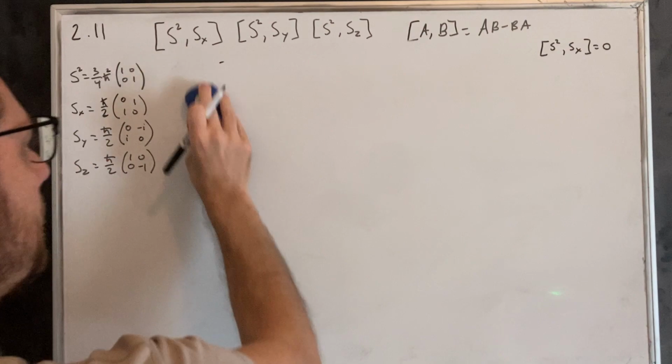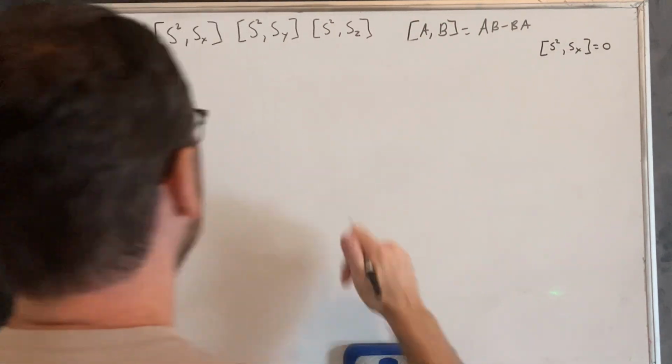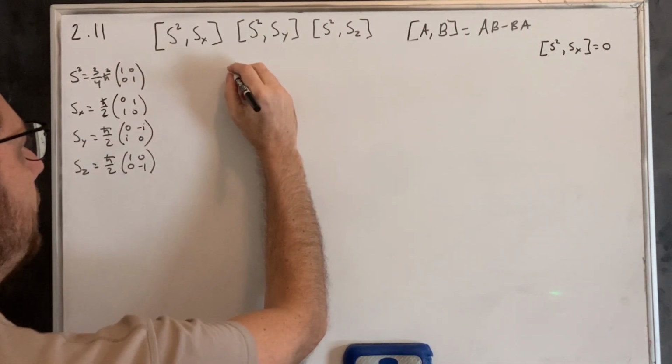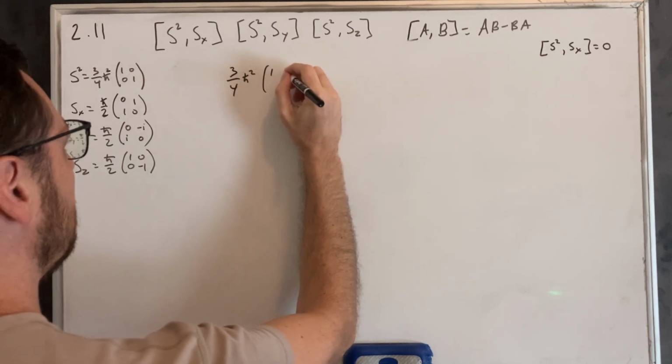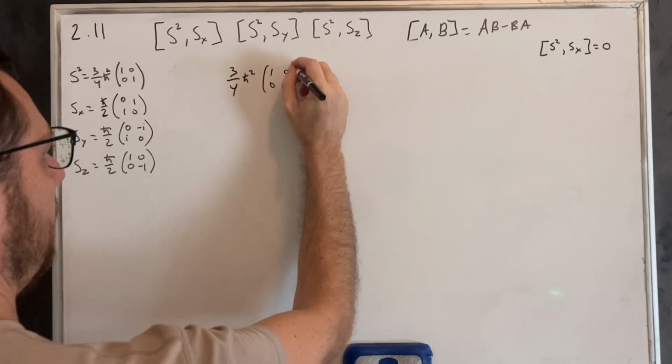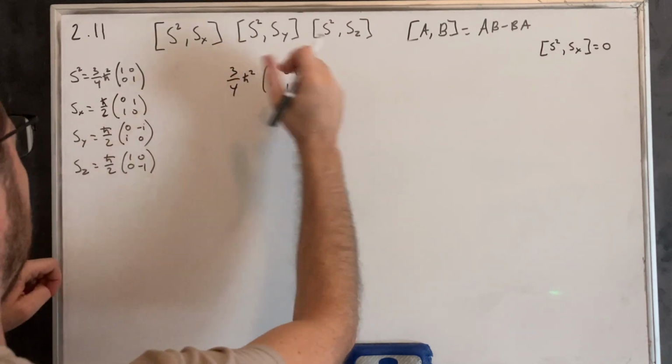So I probably didn't need to erase all that, but we're going to have our S squared again, so 3/4 h bar squared, 1, 0, 0, 1, the identity matrix. And then let's do Sy.